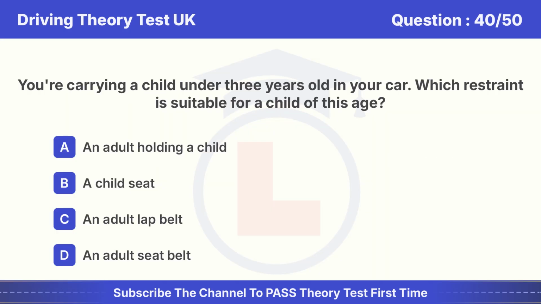Question 40. You're carrying a child under 3 years old in your car. Which restraint is suitable for a child of this age? Answer is B. A child seat.